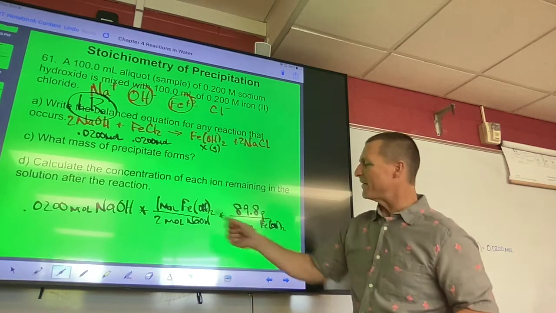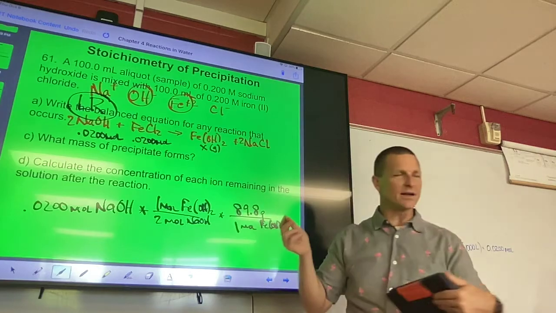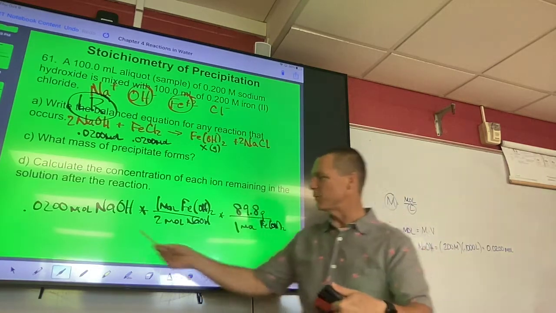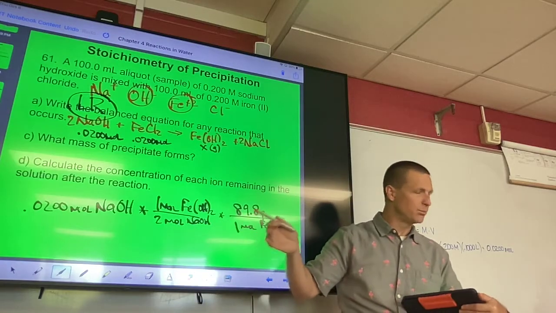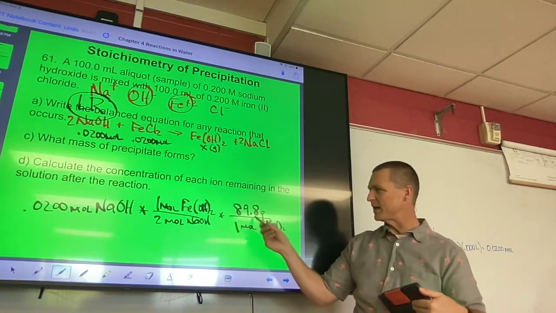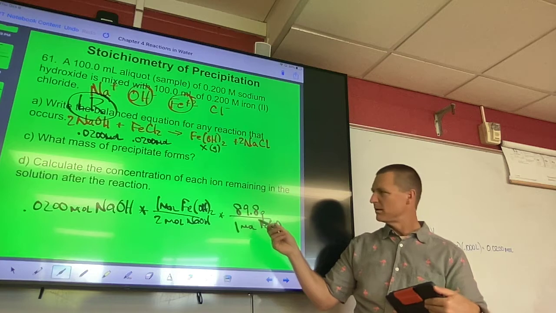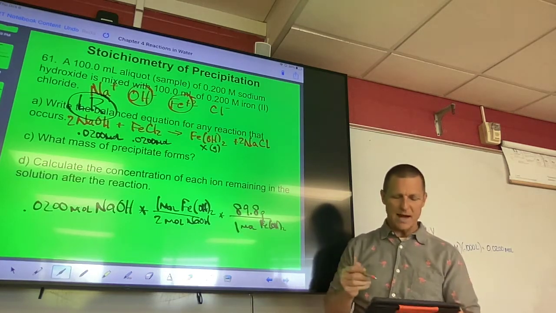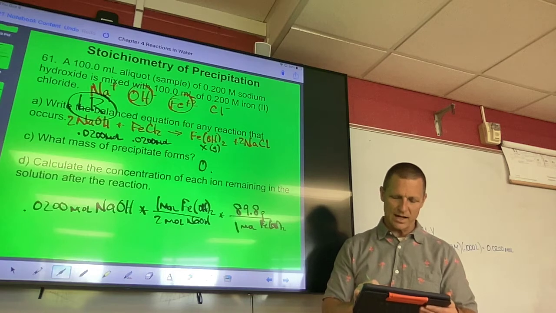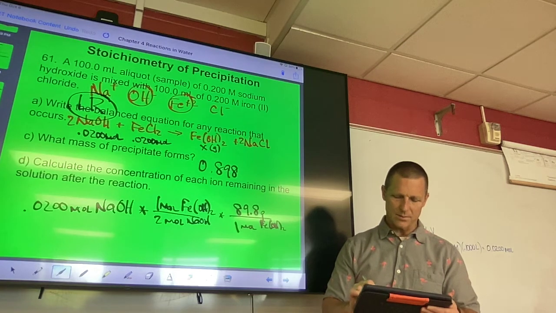So, yeah, there's our setup. We can do this without a calculator too. You can see that we have 0.02 divided by 2 makes 0.01, and then times 89.8. Multiply that by 0.01, you just move the decimal over 2 places. So the mass of the precipitate is 0.898 grams.